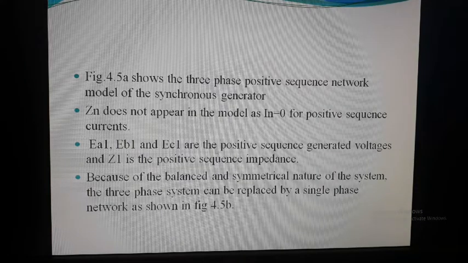EA1, EB1 and EC1 are the positive sequence generated voltages, and Z1 in all the phases represents the positive sequence impedance.